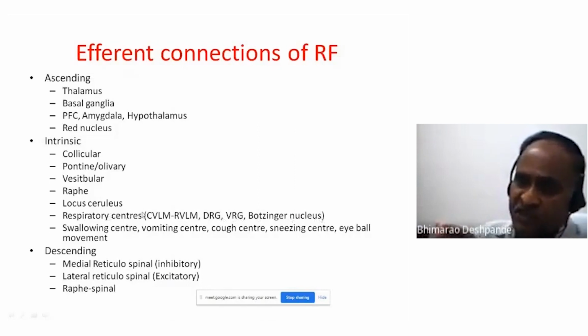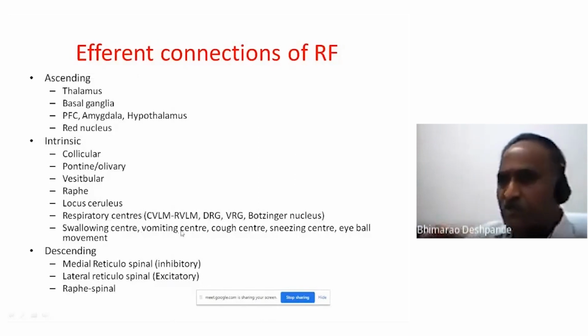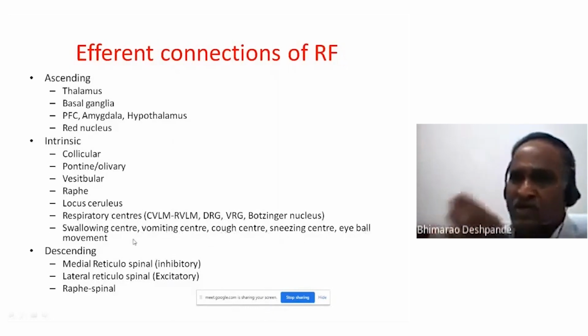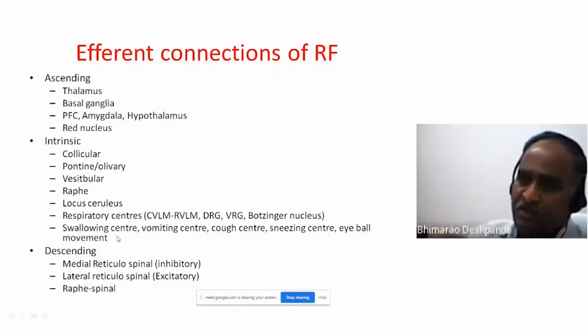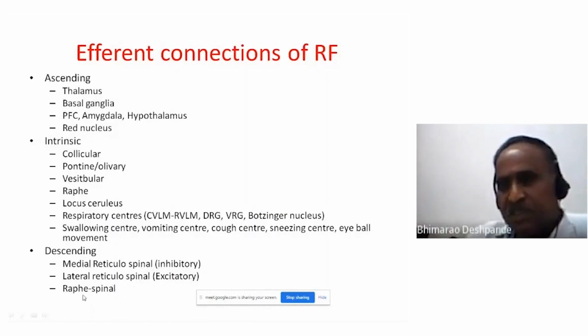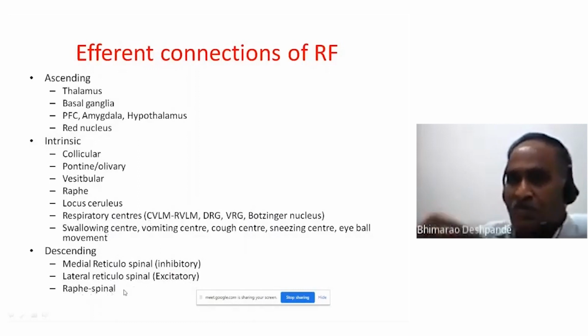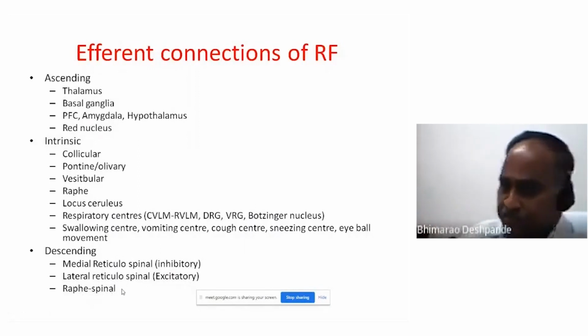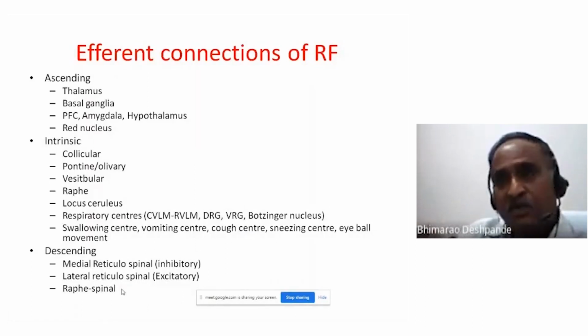Then the swallowing center, vomiting center, cough center, sneezing center, eyeball movement, and a number of others. The medial reticulospinal is inhibitory, the lateral reticulospinal is excitatory; these are the descending projections, and the raphespinal is for the pain control mechanism. These are the efferents going from the reticular system to various systems.